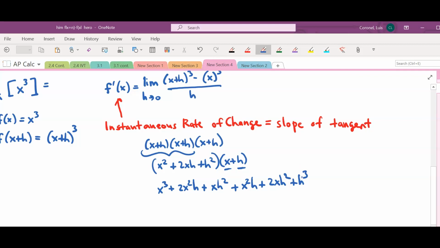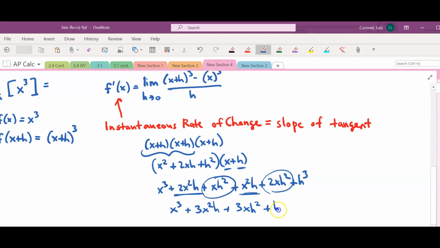Then we stare at this and see, can we combine anything? The x cubed itself. 2x squared h, can I combine? Yes, there's another x squared h, so that's 3x squared h. Then there's xh squared, there's 2 of them, plus 1 more, that's 3xh squared.